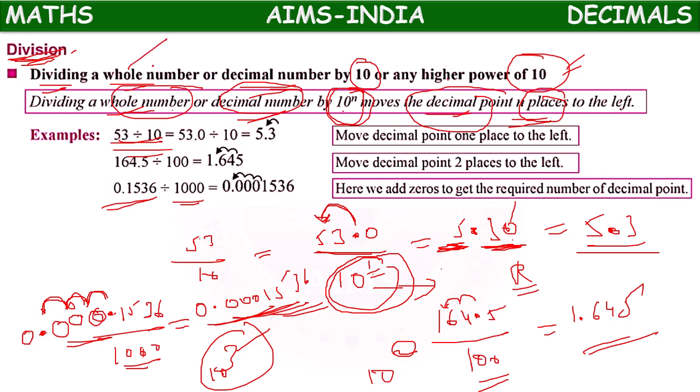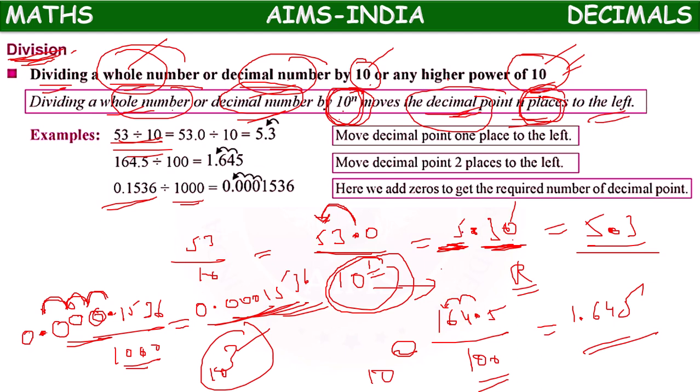So this is the rule to be followed while dividing a whole number or decimal number by 10 or powers of 10. Means if we divide by 10 power n, we have to move decimal point n places towards the left.